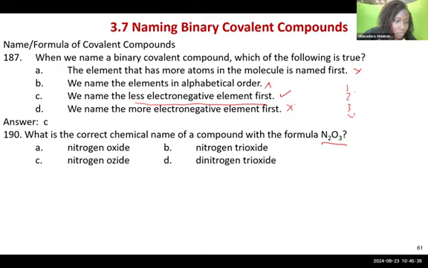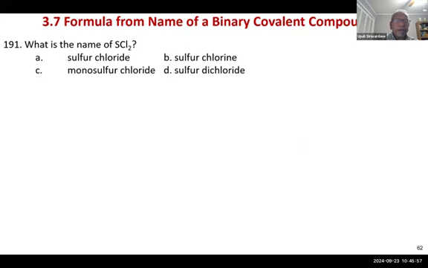We listed that on one of the slides: mono, di, tri, tetra, penta, hepta, octa, nona, deca. So this is the correct answer. These are non-metals, covalent compounds. They have molecules and Lewis structures.